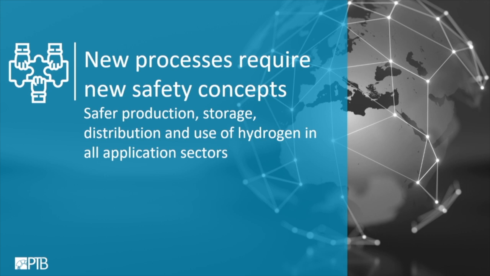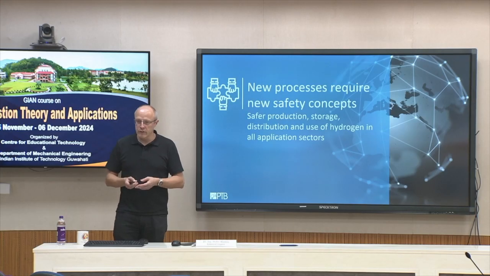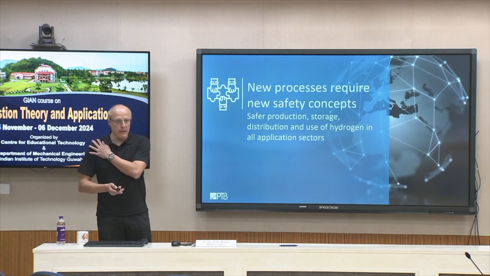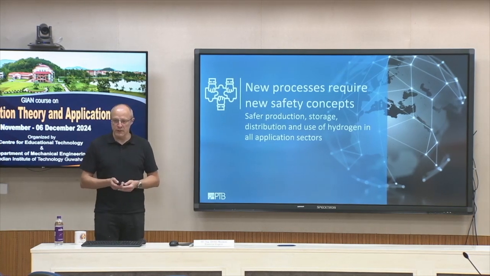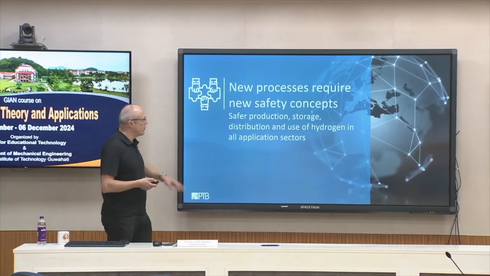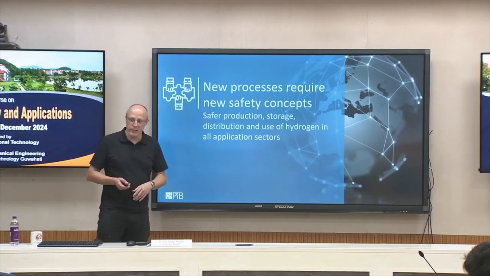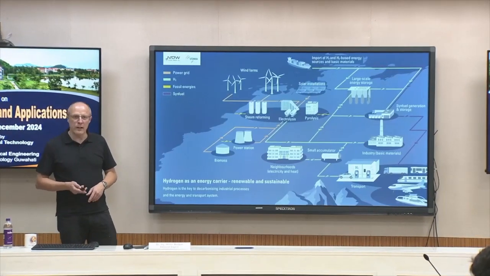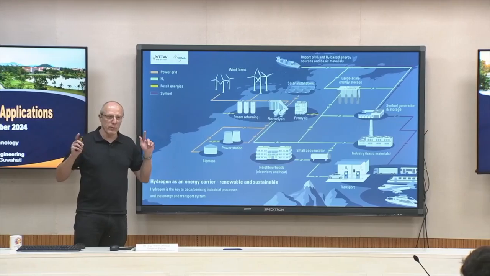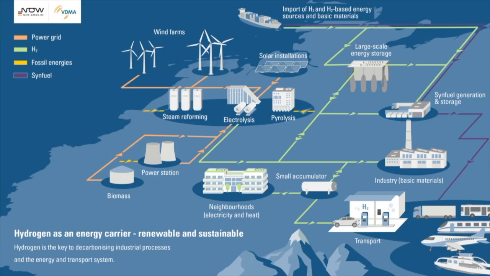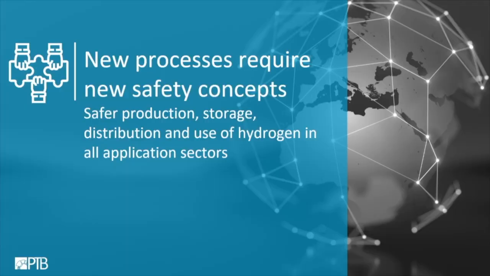Accidents occur, but very seldom, and this is mainly due to the fact that we handle hydrogen in closed industrial areas with experienced personnel. So if we have new processes, like we have seen on this slide, we want to use hydrogen everywhere, in households, in filling stations, in trains, and so on.